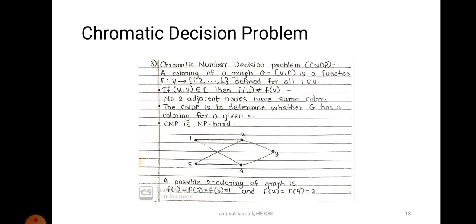Like if there are some edges and some vertices, and (u, v) belongs to the edges, then function u is not equal to function v, and no two adjacent nodes have the same color.